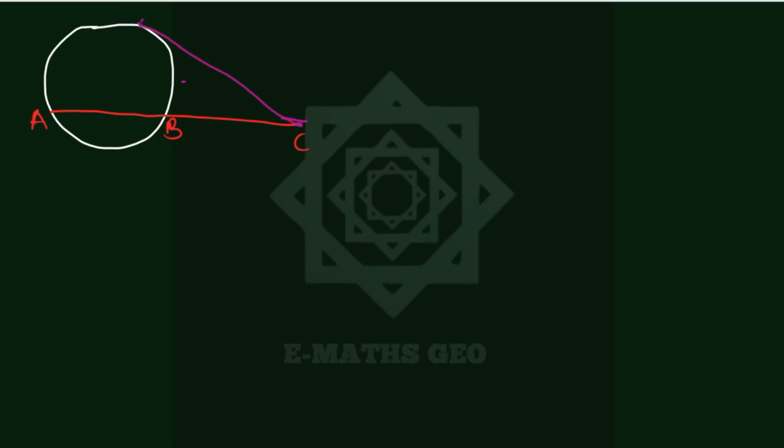If we call here A, here B, and here is C, we should know that C squared, the square of the length of that tangent, is always A plus B times B. We should be conversant with this.